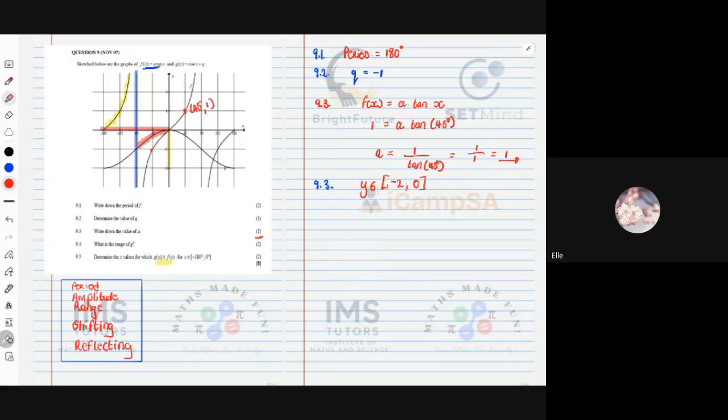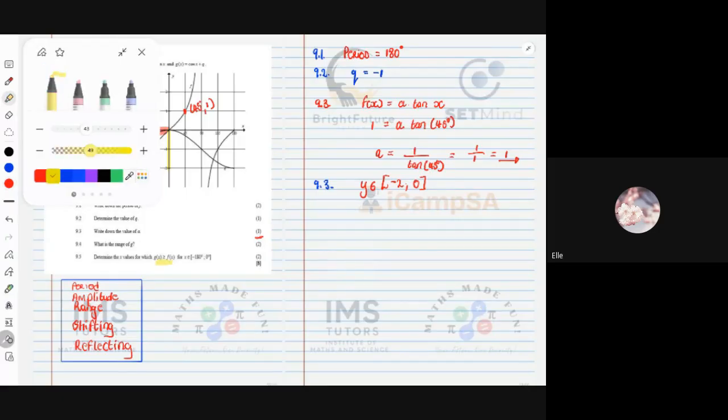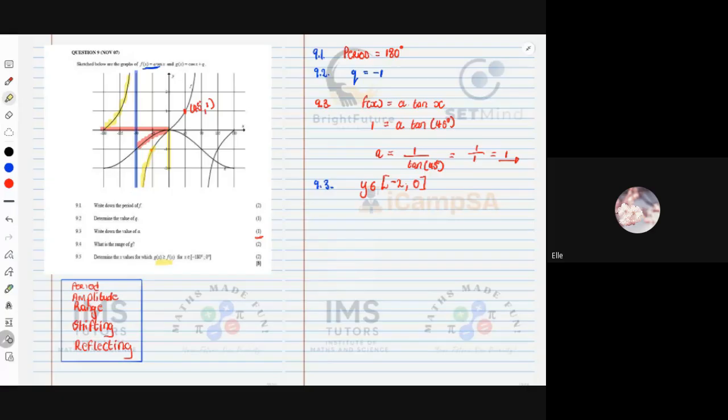So here our statement is gonna hold true, because this graph of g is now above the graph of f, up until 0, whereby it is equal to f.